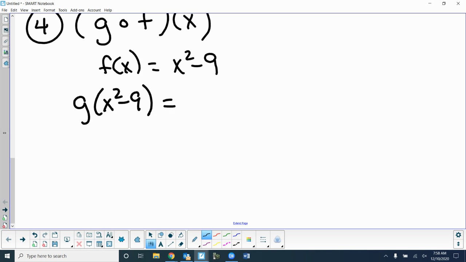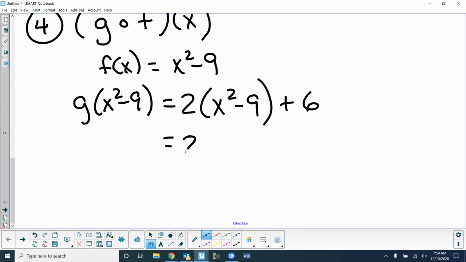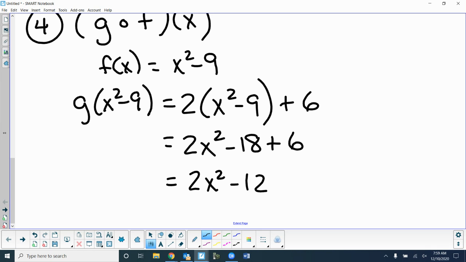And the G function is 2x plus 6, so instead of x, I put the x squared minus 9. So I distribute the 2. 2x squared minus 18 plus 6, which is 2x squared minus 12. So this one isn't a number, it's an expression.